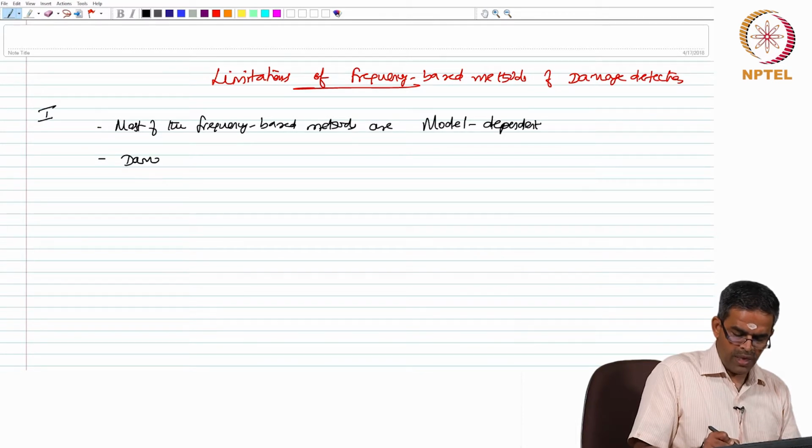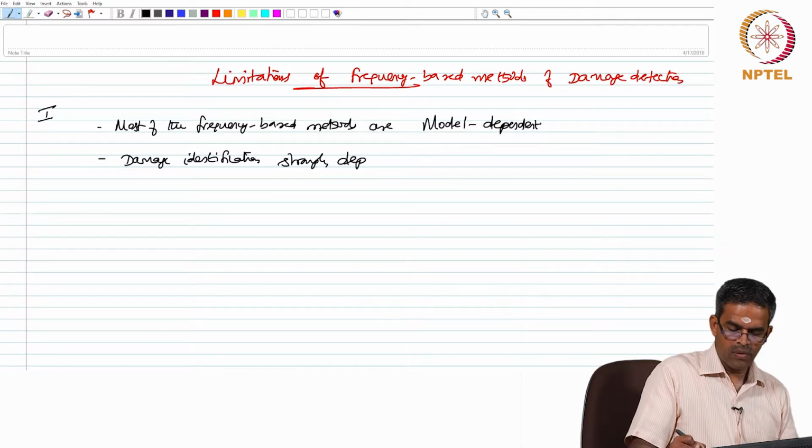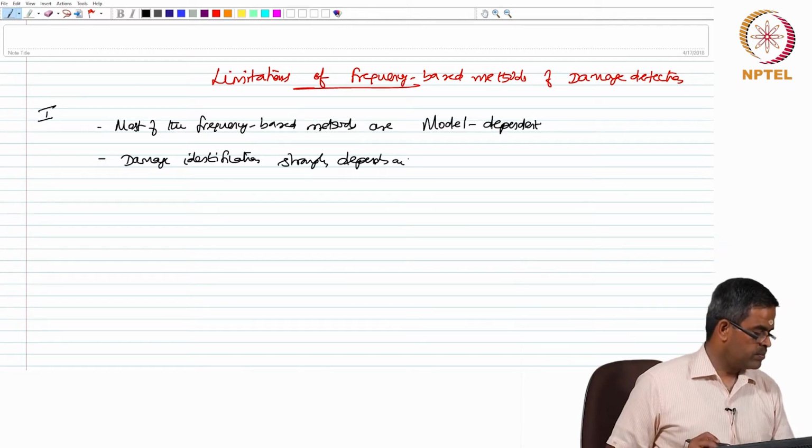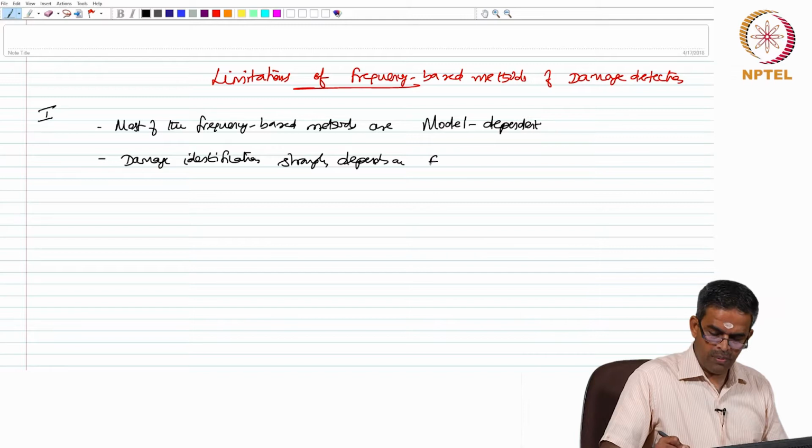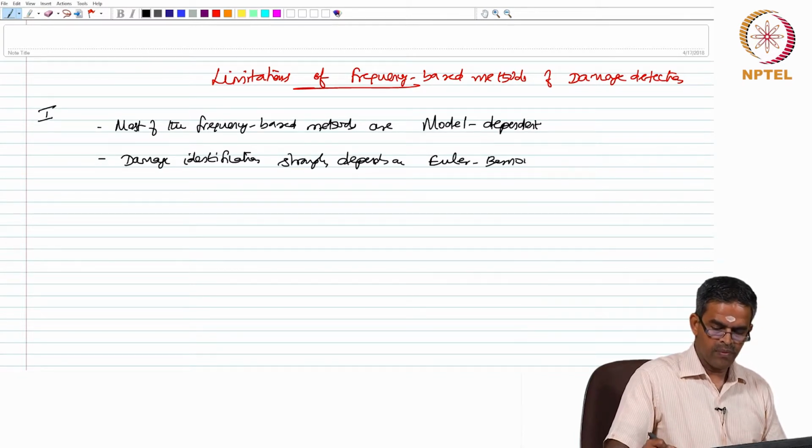Damage identification strongly depends on Euler-Bernoulli beam theory.